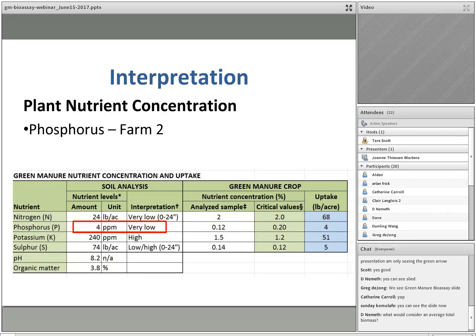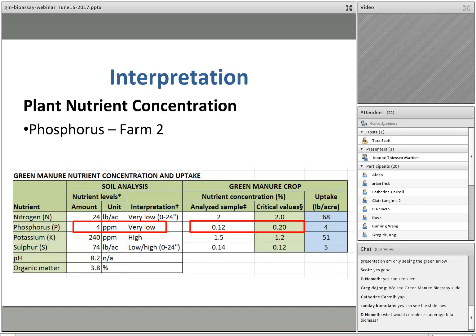Another example, on a different farm here, our soil phosphorus is 4 parts per million, which then crosses that line, in at least the AgVise categories, down into the very low category. But really not that different than farm 1. However, the plant phosphorus is 0.12%, which is well below the level of 0.2%.